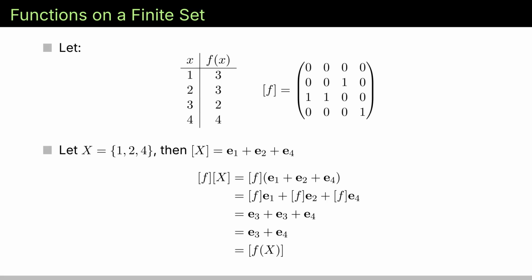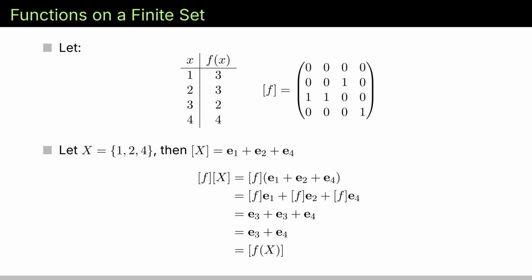So this notation lets us very naturally talk about the image of a set under a function. Note that since the images of 1 and 2 were the same, we had two summands of e3. If we were working in ordinary linear algebra, this would give us 2 e3, in which case we'd have some information about the image of f as a set with multiplicities, right? We'd have information that 3 was in the image twice.